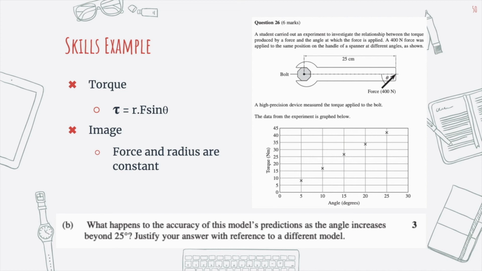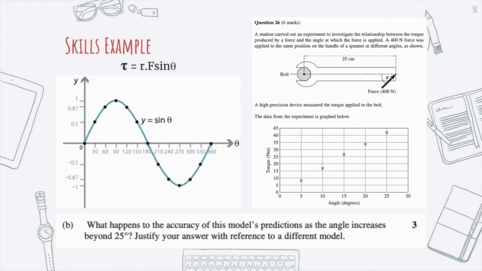So if we use this, we can see that torque is going to be proportional to sine theta, which, using our understanding of mathematics, will result in this sine wave being produced. Now, this sine wave is consistent with the student's results for what has been displayed in the graph.